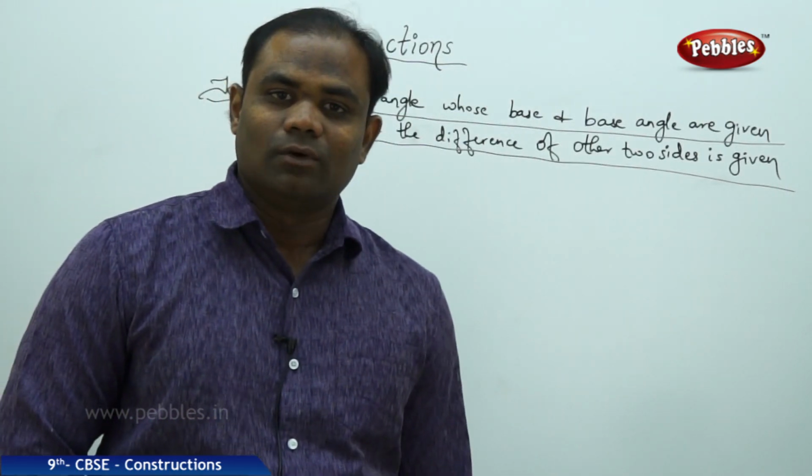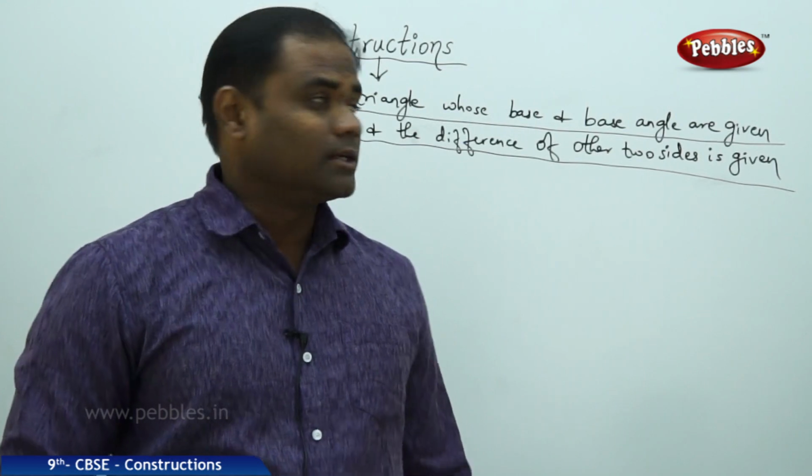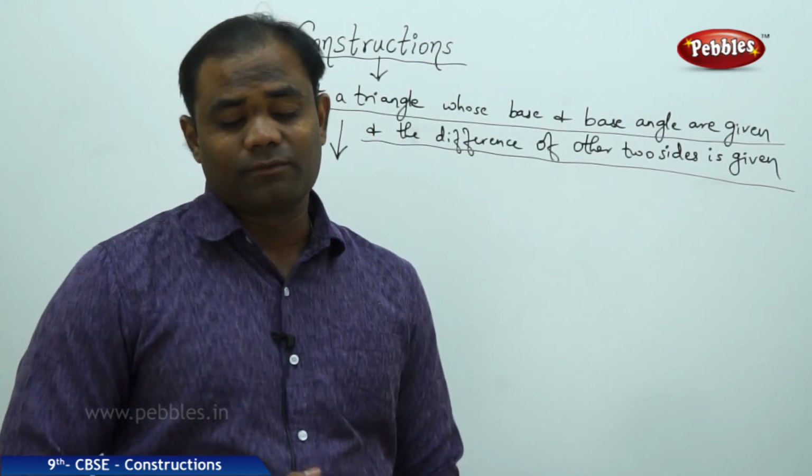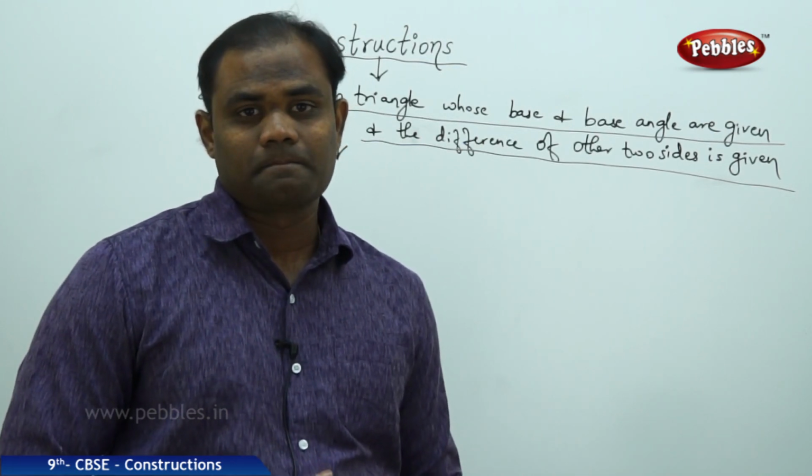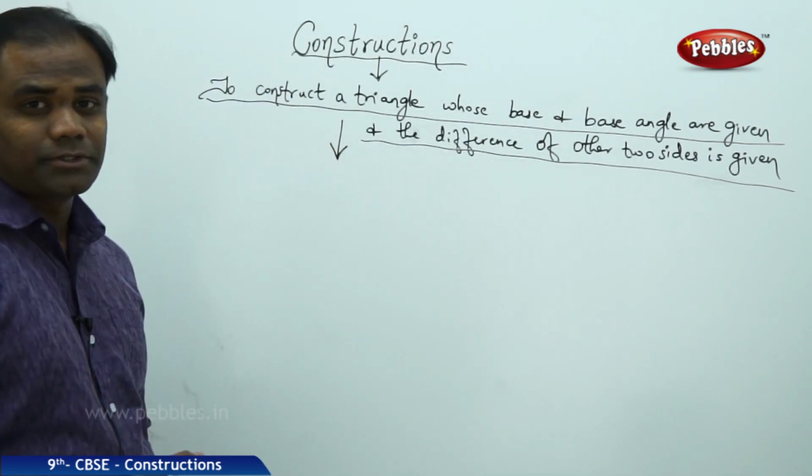So let's see how we can construct a triangle if the difference of the other two sides is given along with the base and the base angle. So let's see the construction process.